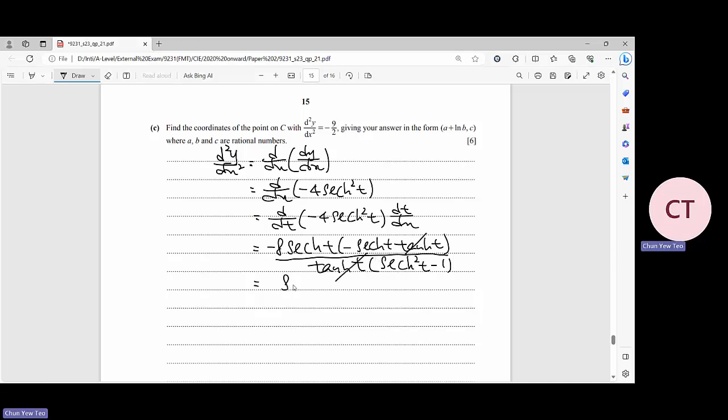This one you get positive sech squared divided by the negative tanh. Simplify further: because sech is 1 over cosh, this is cosh over sinh, sinh over cosh.